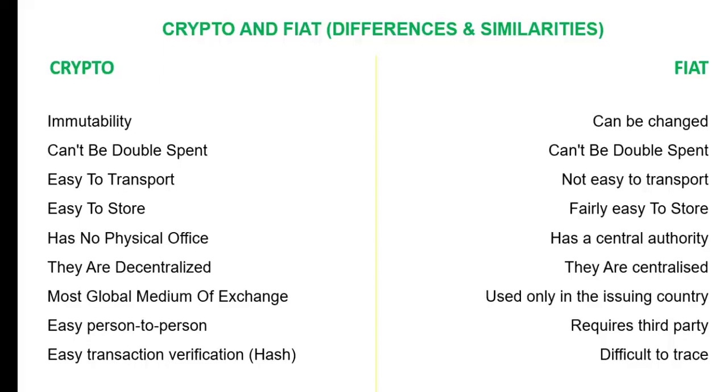Double spending is a problem for crypto, but in the case of fiat, you can't say that. Fiat can't be double spent in cash, and in the bank it also can't be double spent. So basically, the problem of double spending is not faced by fiat, but is faced by digital currencies that do not use blockchain technology.